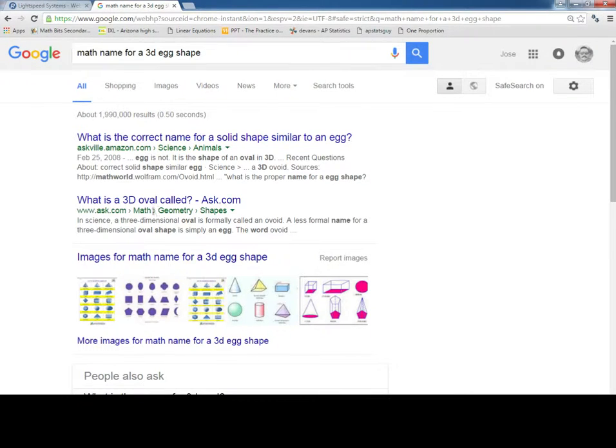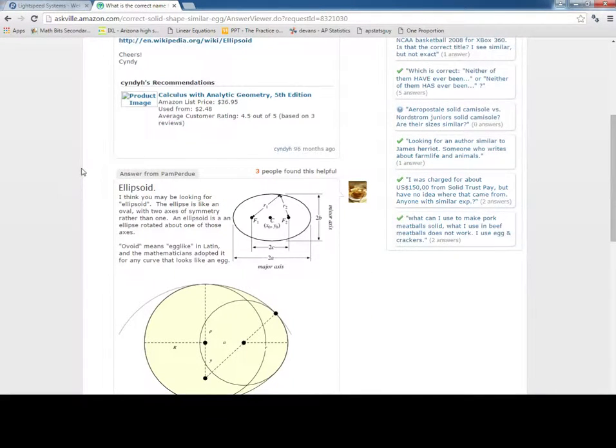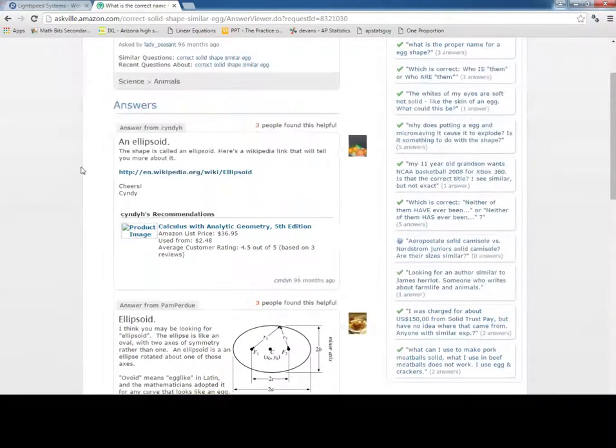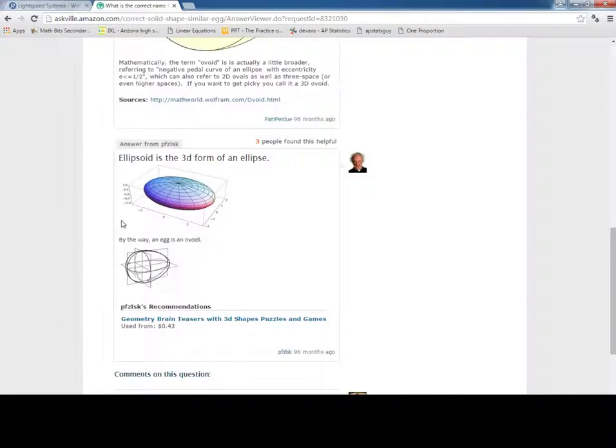Here we go. A 3D oval. What is the name of a 3D oval? It's an ellipsoid. No, that can't be it. Oh, it is. It's an ellipsoid. Oh, I think I've heard of that before.